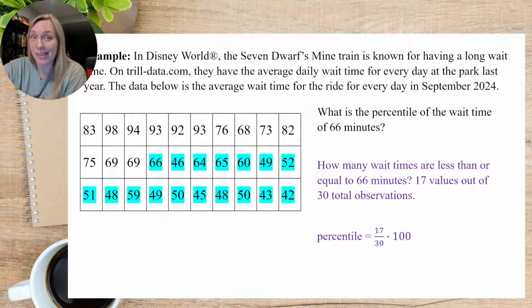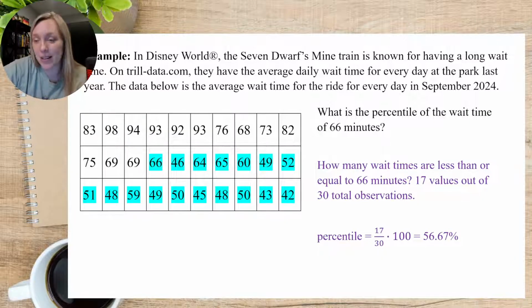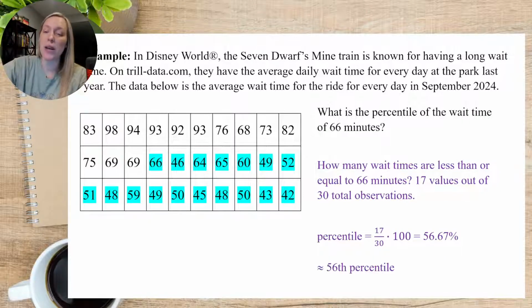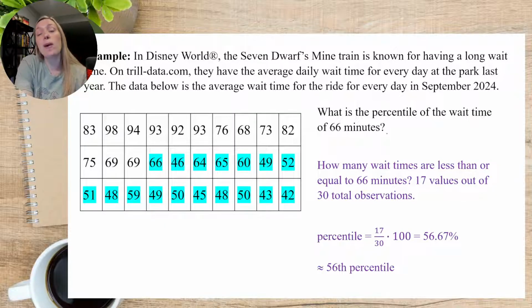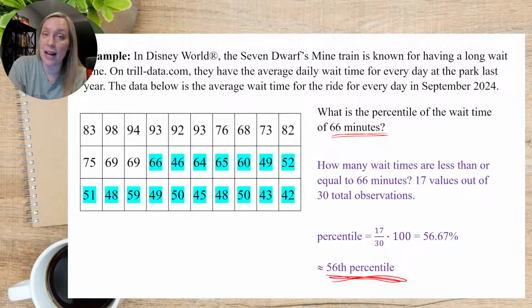So for the percentile, I take 17 divided by 30, multiply it by 100, and I got 56.67%. And for percentiles, we always round down usually. Again, not a universal agreement, but for this class, you're just going to round down for percentiles. So that means a wait time of 66 minutes puts you at the 56th percentile.